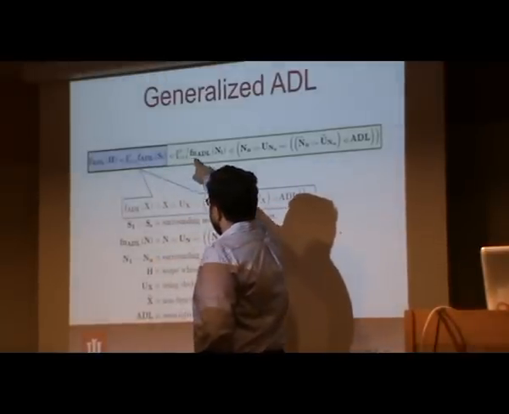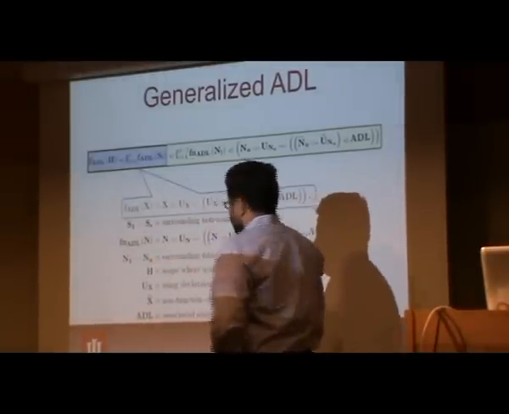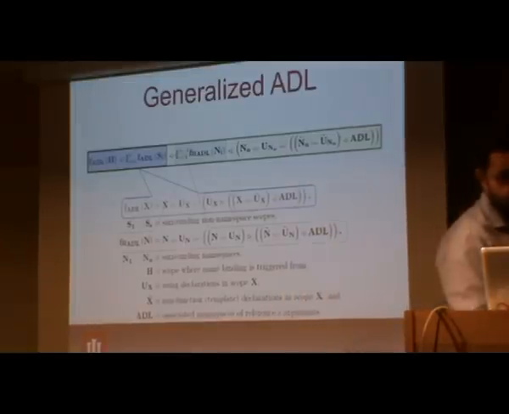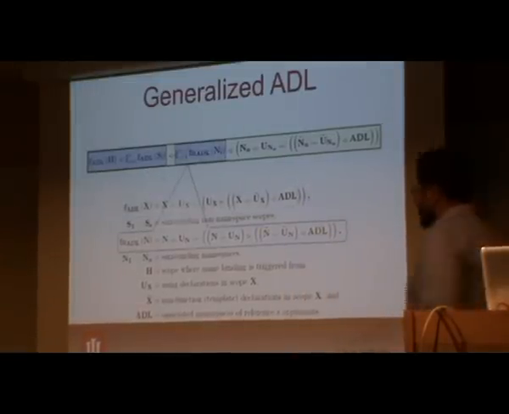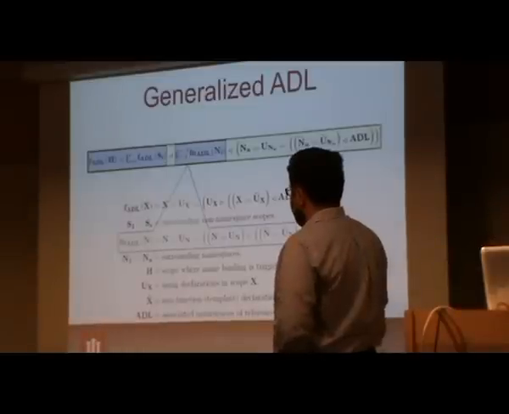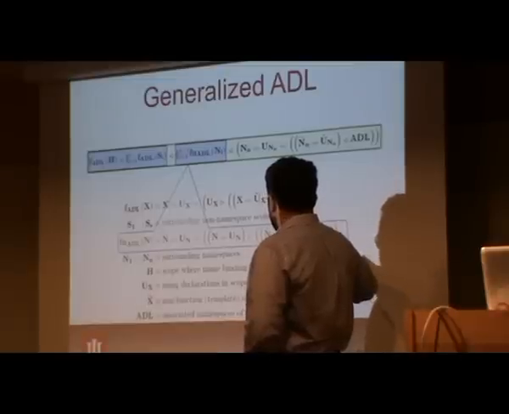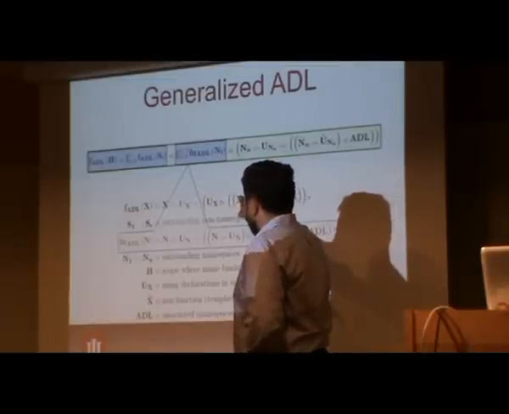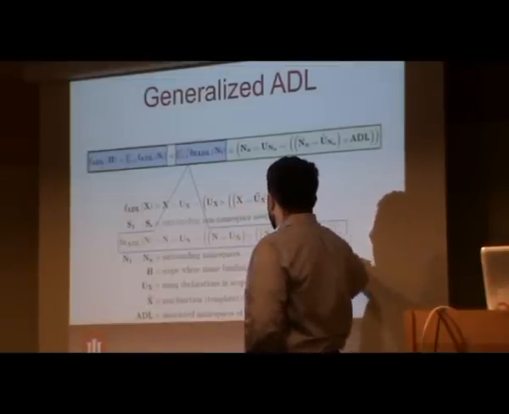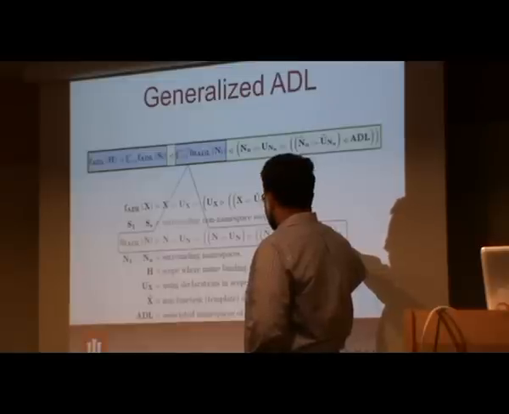And then we do this for the surrounding namespace scopes. Namespace scopes are slightly different than block scopes in C++, and the only difference really is that a declaration in namespace scope does not hide the argument-dependent declarations.